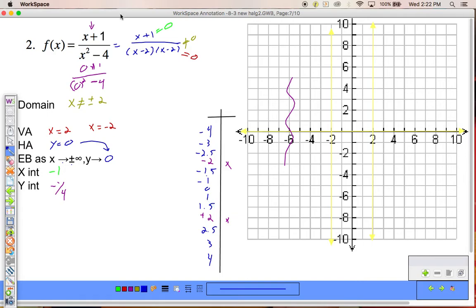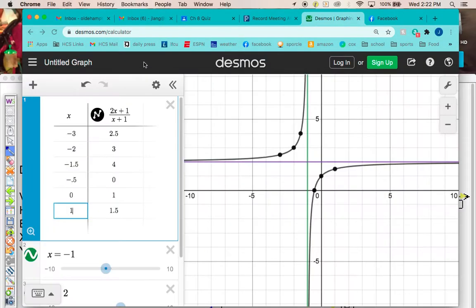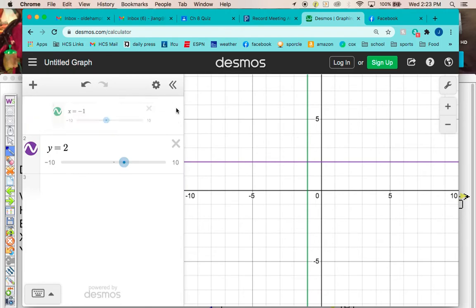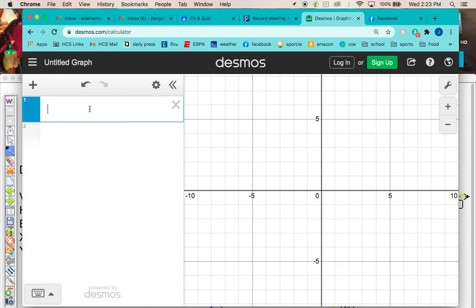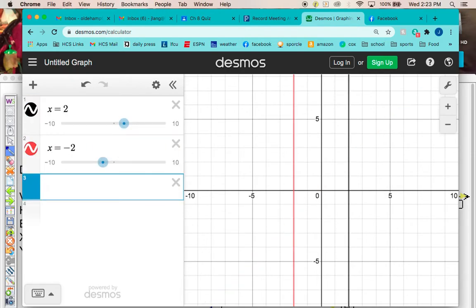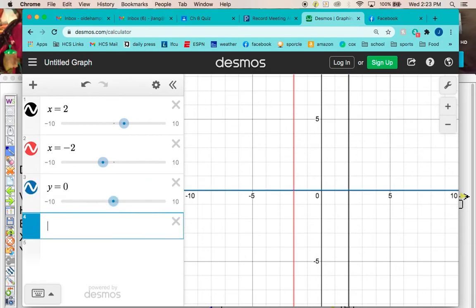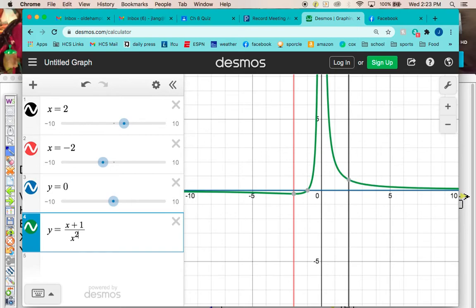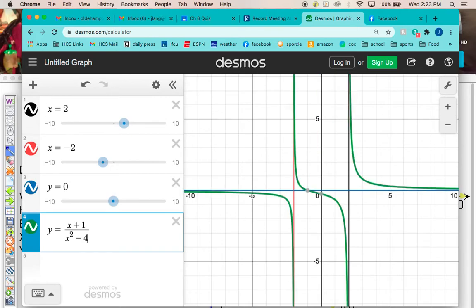All right, so I'm going to get away from here for a second. I'm going to get rid of these. I'm going to start with x equals 2, x equals negative 2, and y equals 0. Those are my asymptotes. Then I'm going to go y equals x plus 1 over x squared minus 4.